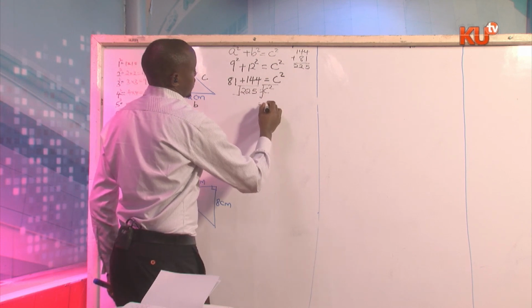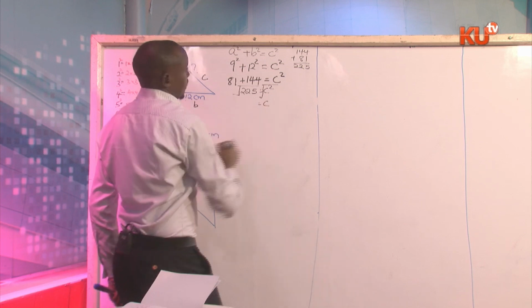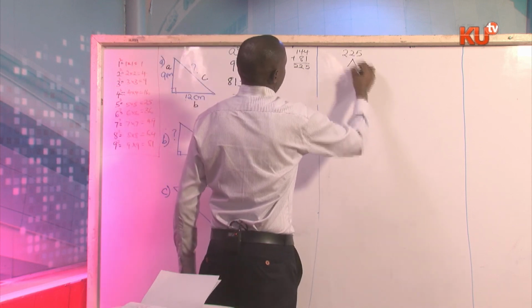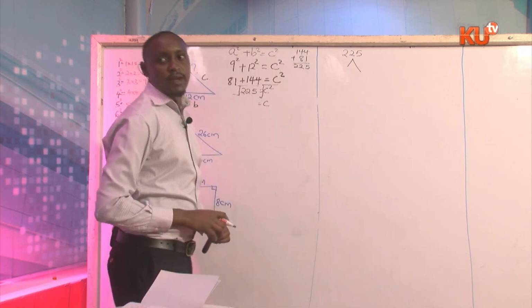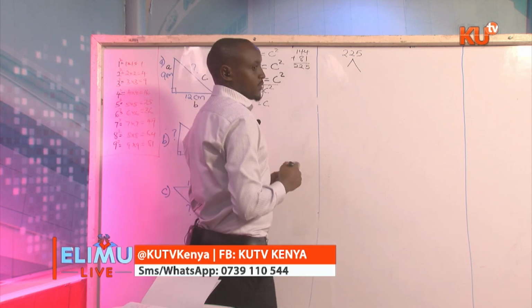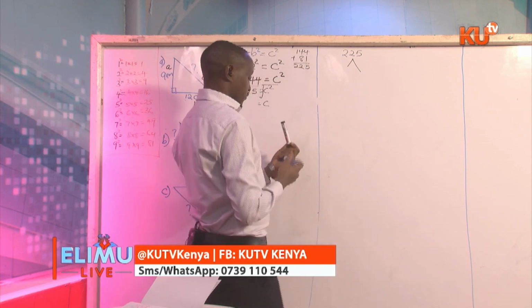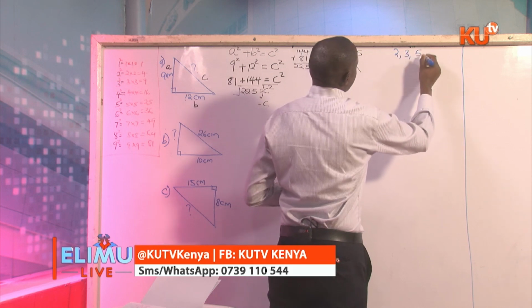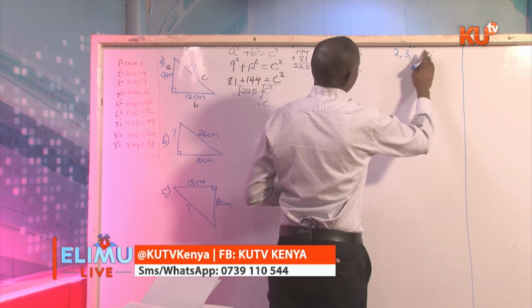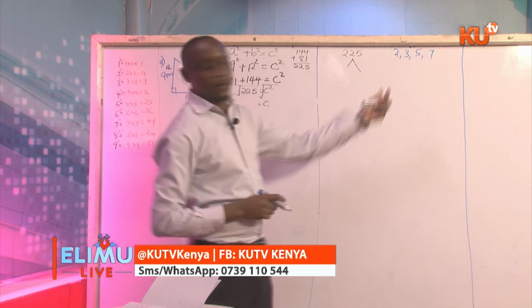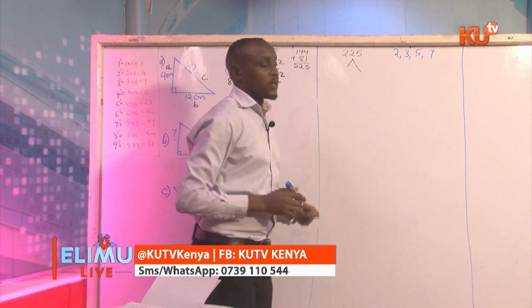we shall get C. Let's use prime factorization for grade 7 to be able to get the square root of 225. So we shall use the prime numbers, and the first 4 prime numbers are always 2, 3, 5 and 7. So we shall check for divisibility by these.